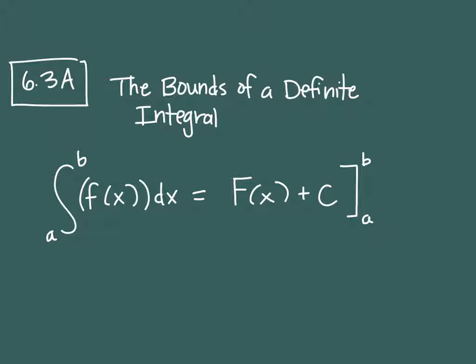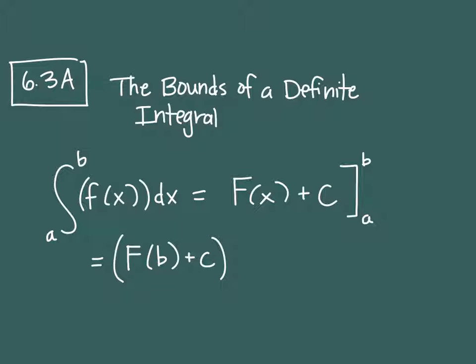Then what does the calculator do with the b and the a? So what it does is it takes the top number first, and it plugs it into the antiderivative. And it evaluates what that number will come out to be, plus the constant c. So it does that first. Okay, so say you put in 50 as your top number.